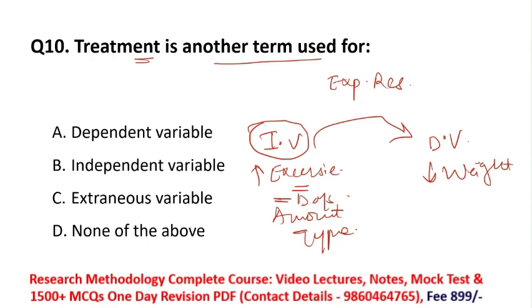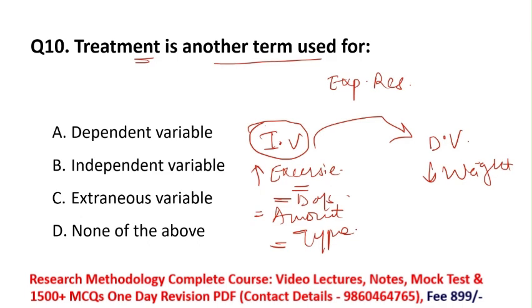Next, the amount of exercise, how many hours, 1 hour, 2 hours, 3 hours, and 4 hours, and next is the type, which type of exercise I am doing. So these terms matter. I am treating my independent variable. I am seeing for which variable and for which reason my dependent variable is affected.